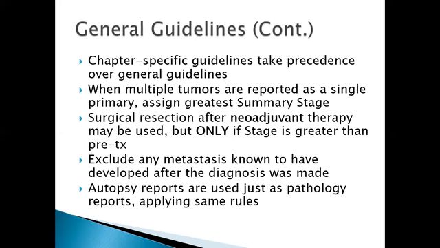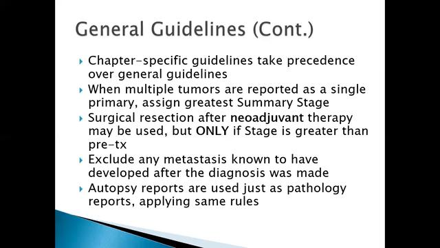So they go through their neoadjuvant therapy. The patient has a surgical resection, and upon that surgical resection, they find that the patient has multiple lymph nodes that were positive for cancer.